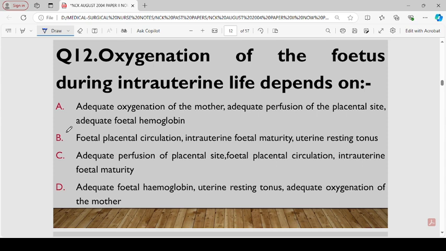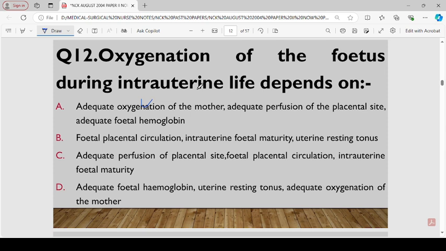Oxygenation of the fetus during intrauterine life depends on, all right, adequate oxygenation of the mother. That's correct, right? This is the first part that is correct. We have adequate perfusion of the placental area.